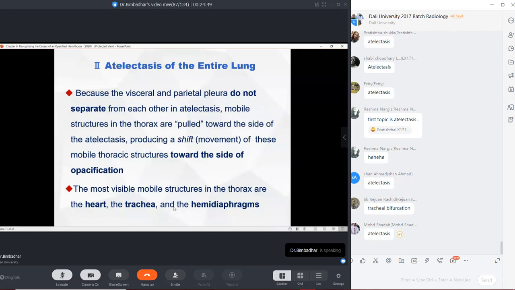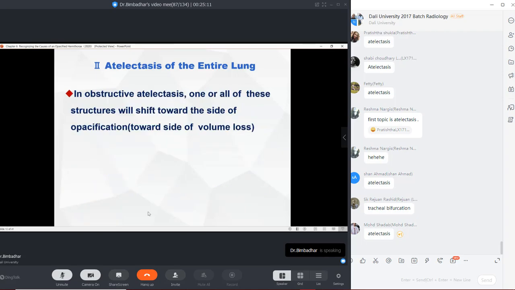And then the most visible structures in the thorax are the heart, trachea, and the hemidiaphragm. Now, what actually happens is that the contour of these structures is completely lost. That is the second radiographic feature. First, there is an ipsilateral shift, then the contour of the visible structures in the thorax is lost. Also, one or all of these structures will shift towards the side of opacification, toward the side of volume loss.